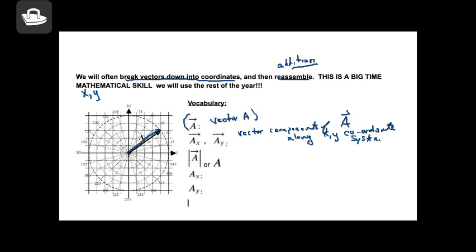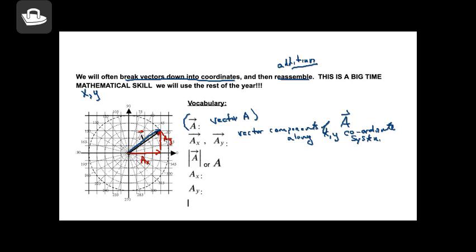This is vector A here. If I do tip-to-tail addition, this is going to be A sub X, and this vector right here is going to be A sub Y. So this is what I meant on that previous slide that sounded super complicated: components are, if I were to add them together, going to result in the original vector, which is the resultant.